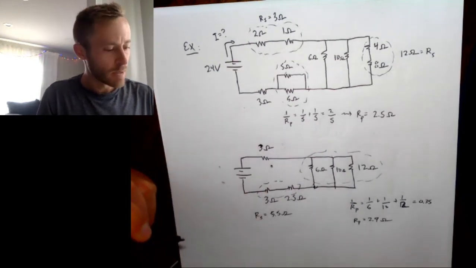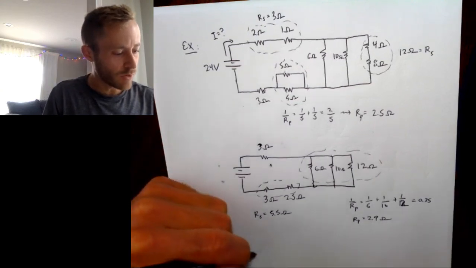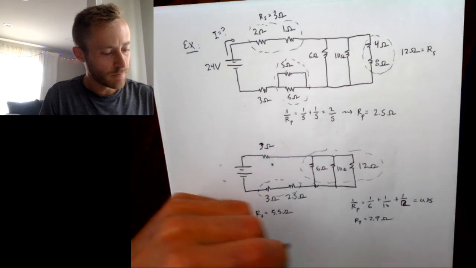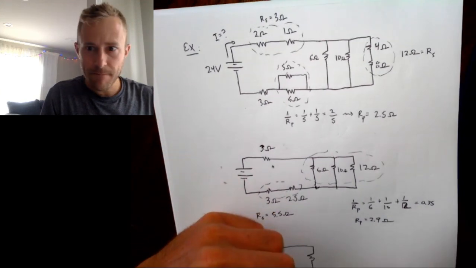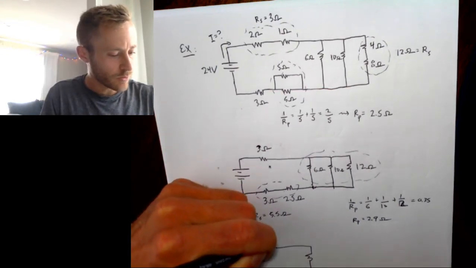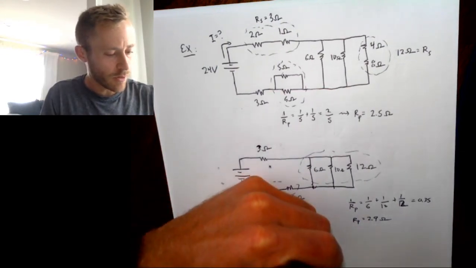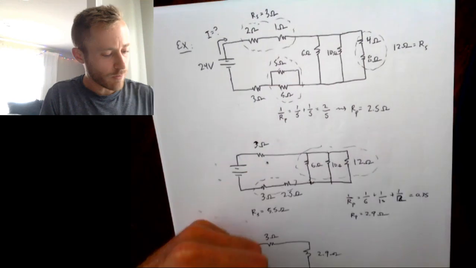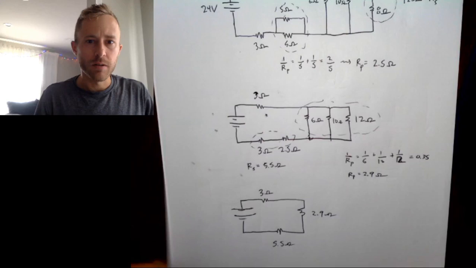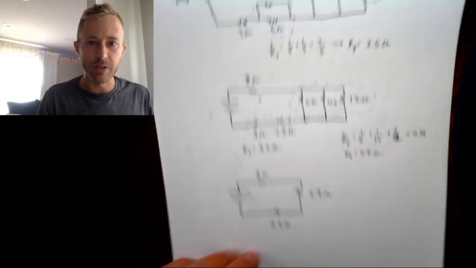All right. So now I'm going to redraw the circuit second to last time. Three ohms, 2.9 ohms, 5.5 ohms. So now all three of these are in series.